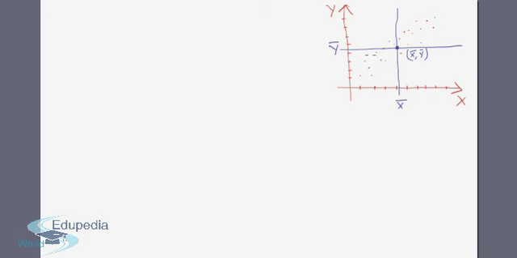Now we see that we have divided this graph into four quadrants. The first quadrant being here, the second quadrant, third, and the fourth. And we see that most of the values fall in the first and the third quadrant.